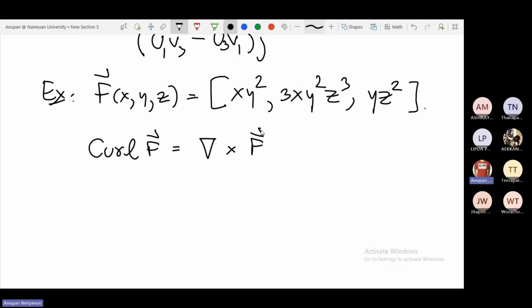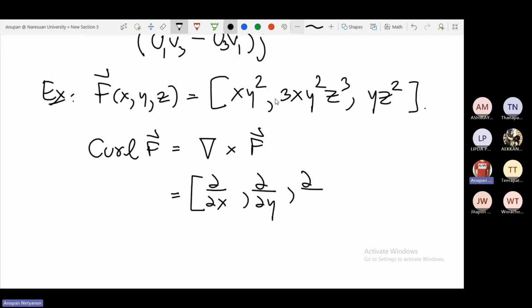Which is this vector of partial derivative with respect to x, partial derivative with respect to y.